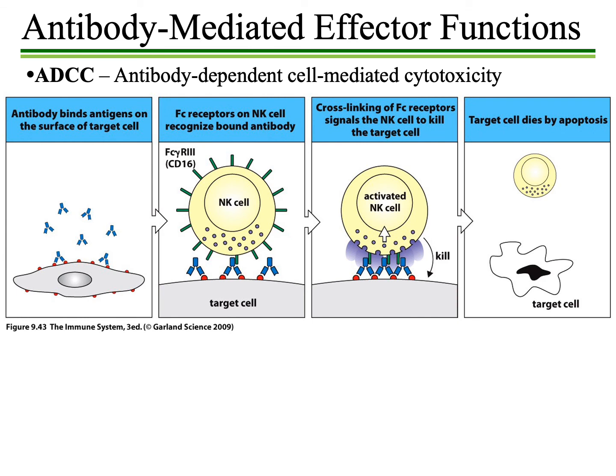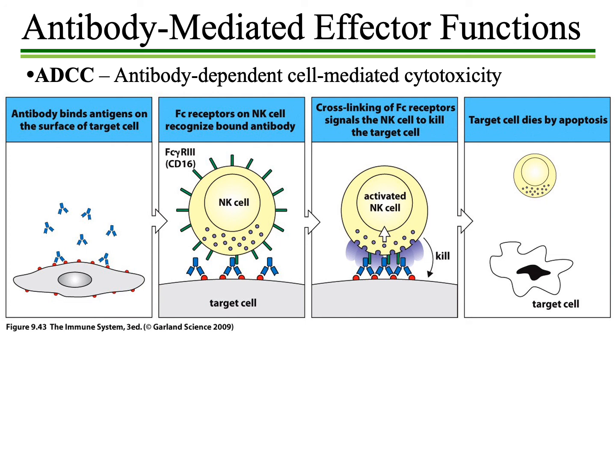So in this figure, we're looking at this ADCC mechanism in a little more detail, going from panel to panel. In the far left, we have just what we discussed in the previous slide: antibody binding to antigens on the surface of the target cell. The target cell in this case is either an infected cell or a tumor cell.